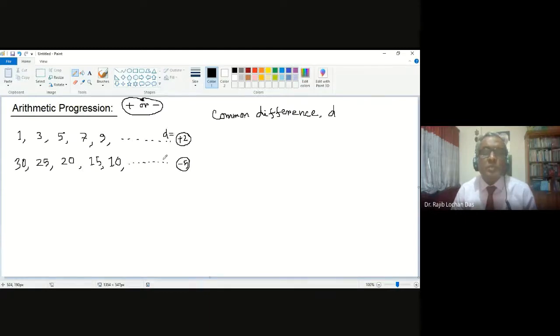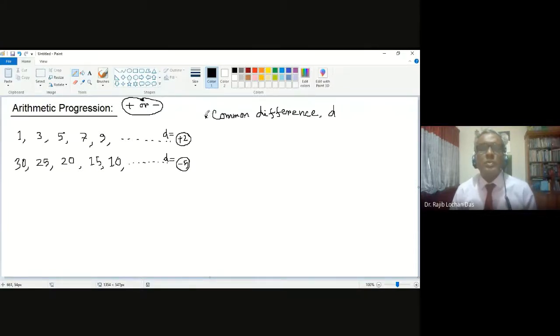In the second example D equal to minus 5. The plus and minus are very important. If it is going lower and lower, that is minus. So minus 5 should be included. So this term is called common difference.